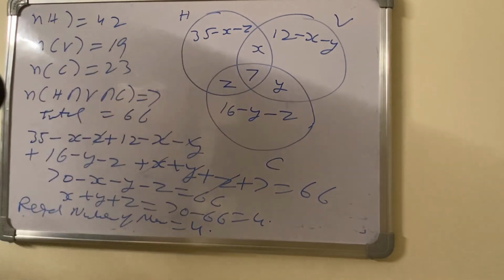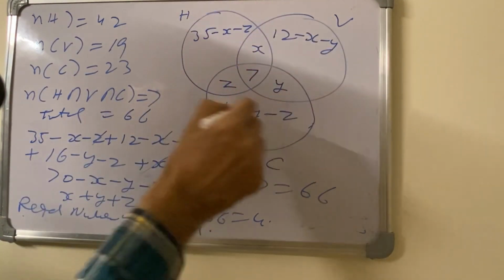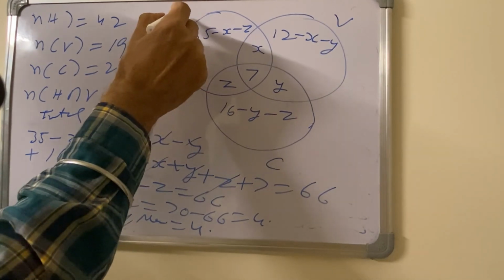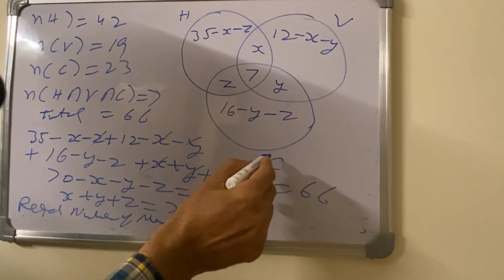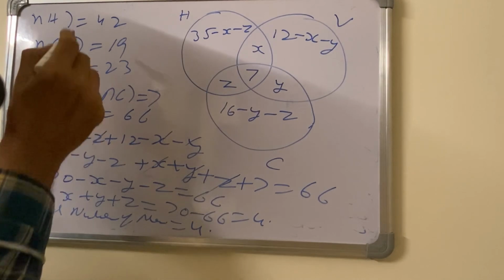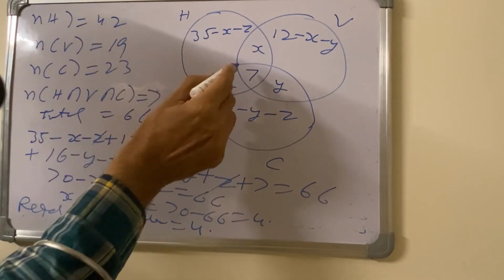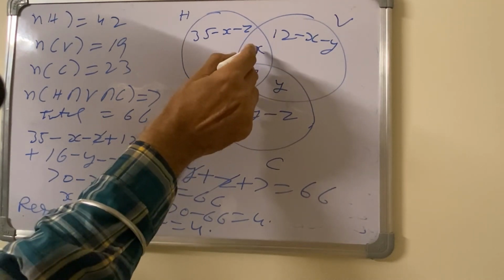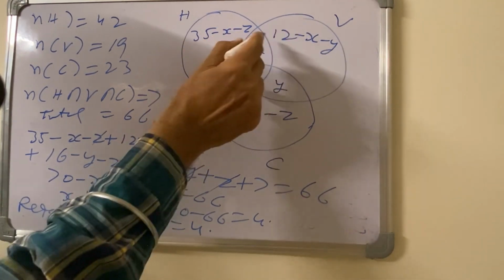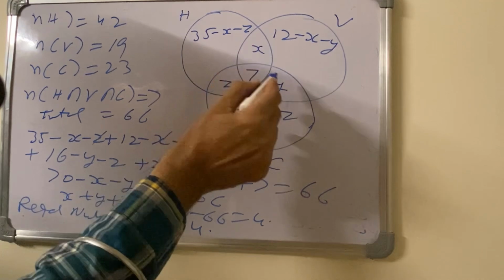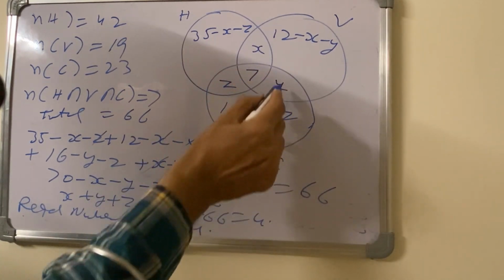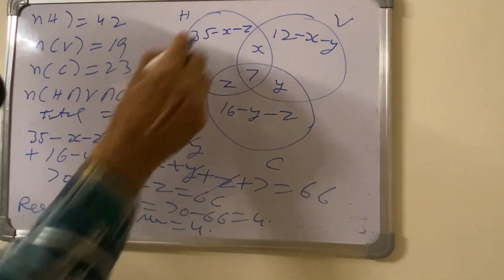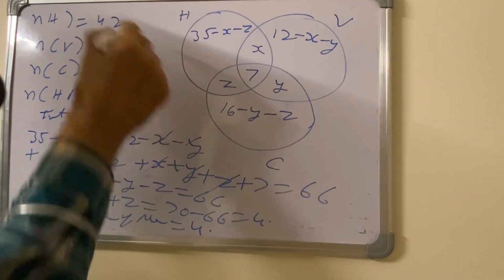Once again, we shall draw 3 circles to show 3 sports: hockey, volleyball, cricket. Then according to the given numbers, first of all we shall fill common 7, and only hockey and volleyball we have taken x, volleyball and cricket we have taken y, only hockey and cricket we have taken z. So this whole is 42.